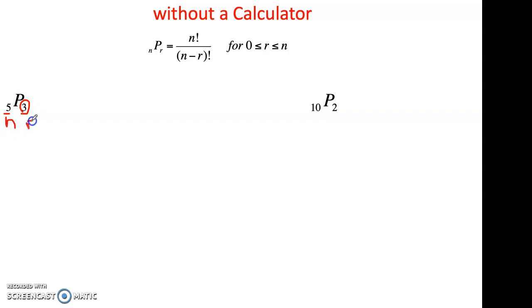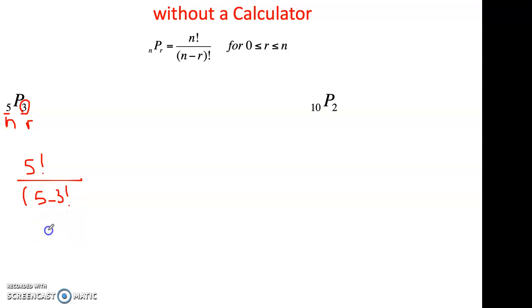And I know this is all a review from Algebra 2, but if you have any questions, of course, you can message me. So this is going to translate to n factorial in the numerator, so 5 factorial in the numerator, over the difference of n minus r, so 5 minus 3 factorial.